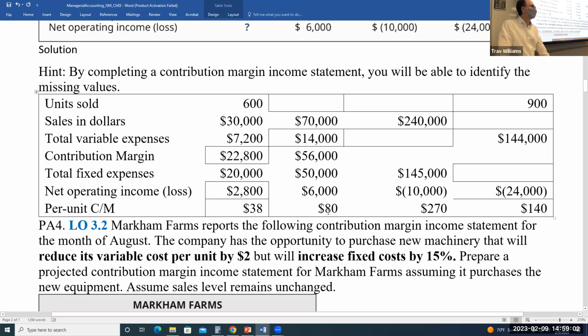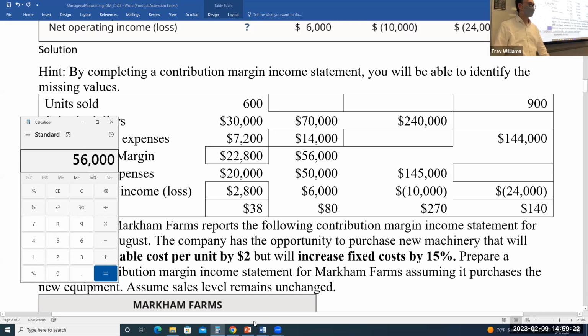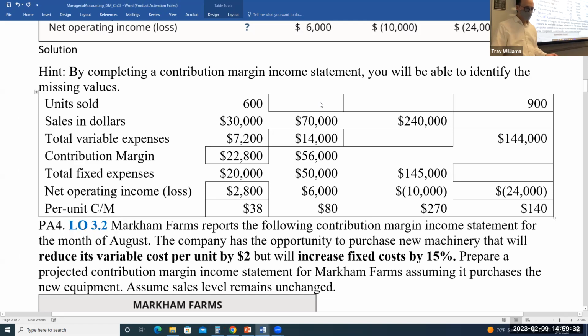So what do we have to divide by per unit contribution margin? If we divide the total contribution margin by the contribution margin per unit, then we know how many units. Right, so if there was a $56,000 contribution margin and it was $80 of contribution margin per unit, that was 700 units. You were on the right track. You almost got it there. Okay, 2 down, 2 to go.